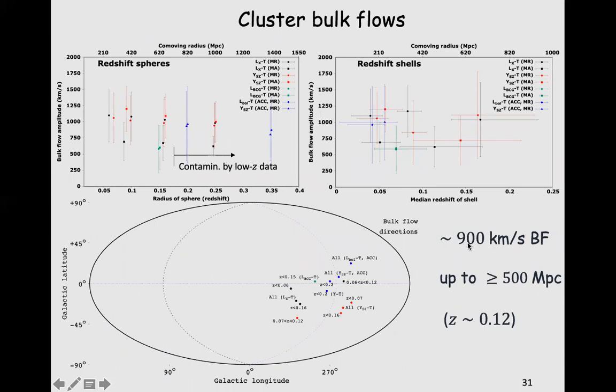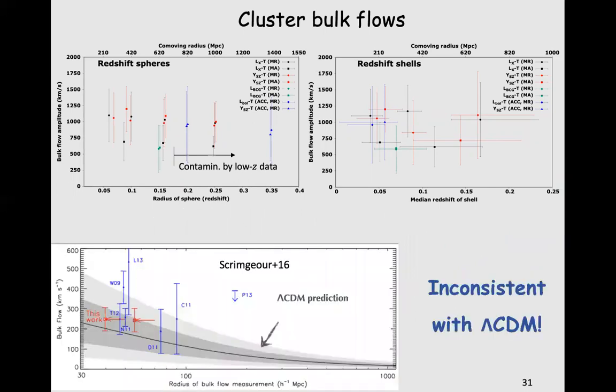Each time we find a consistent, roughly 900 kilometers per second bulk flow motion that seems to extend up to 500 megaparsecs. The exciting thing here is that this motion is completely inconsistent with the expectations from the ΛCDM. So you see that for ΛCDM, for the scales we're tracing, ΛCDM has an upper limit of roughly 200 kilometers per second, while we are reaching 900 kilometers per second.